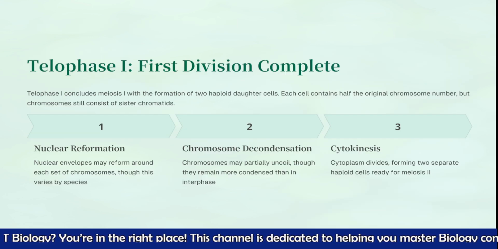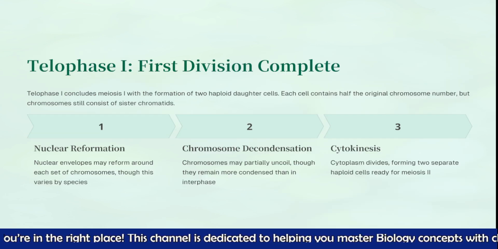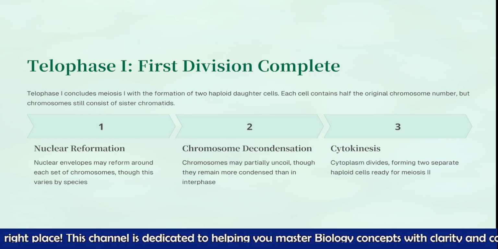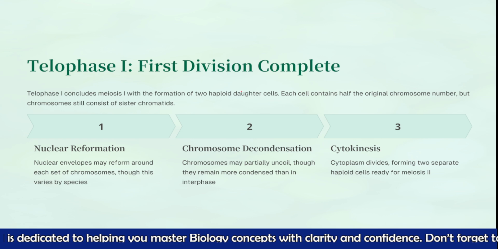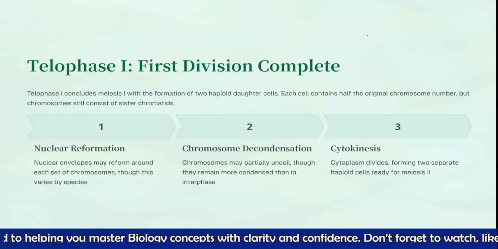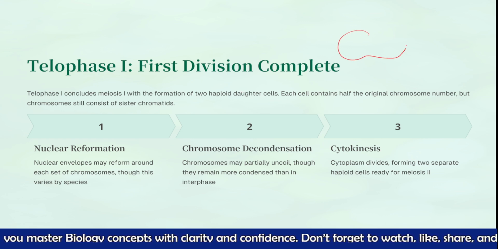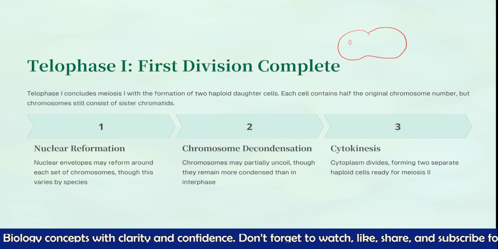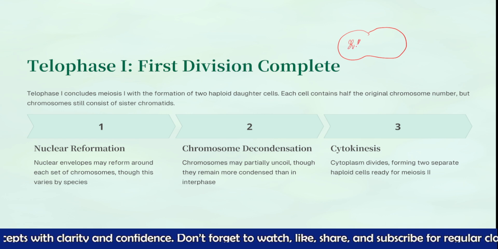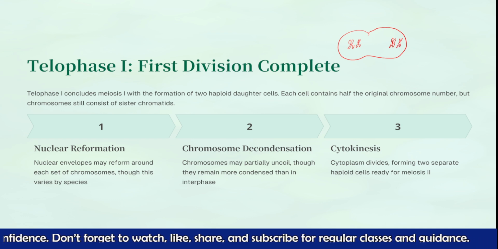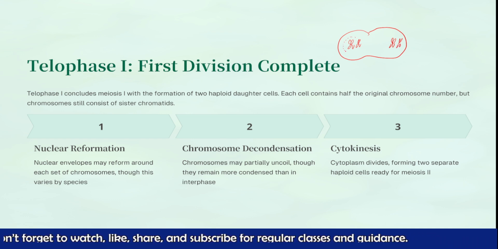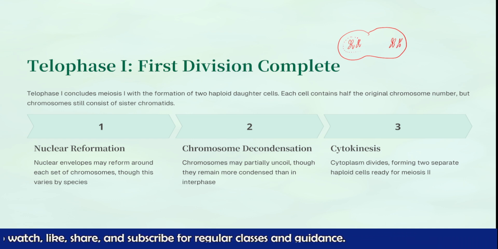Moving on to the next, telophase 1. So in telophase 1, the beginning of the formation of two haploid daughter cells. In the cell, you can see the chromosomes towards the poles, and then slowly, the opposite of whatever happened in prophase happens in telophase.